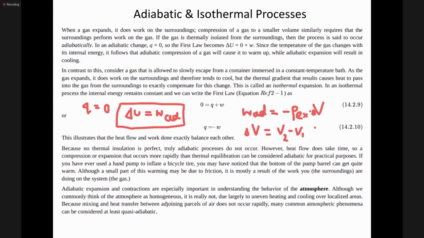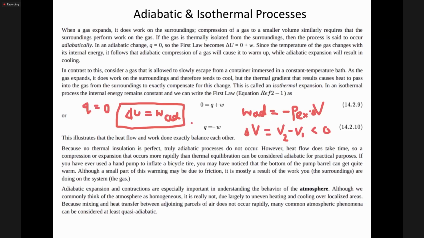That's why V2 minus V1 is less than 0, so that will be negative. That means minus P external into delta V will be positive. That's why W adiabatic will also be positive. So the work done in adiabatic compression will be positive.